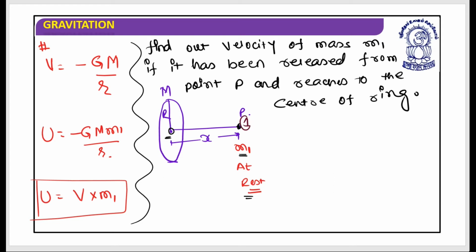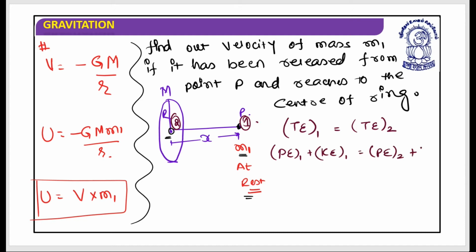This is location 1, this is location 2. We used this approach previously as well. Total energy at 1 is equal to total energy at 2, that is, potential energy at 1 plus kinetic energy at 1 is equal to potential energy at 2 plus kinetic energy at 2.